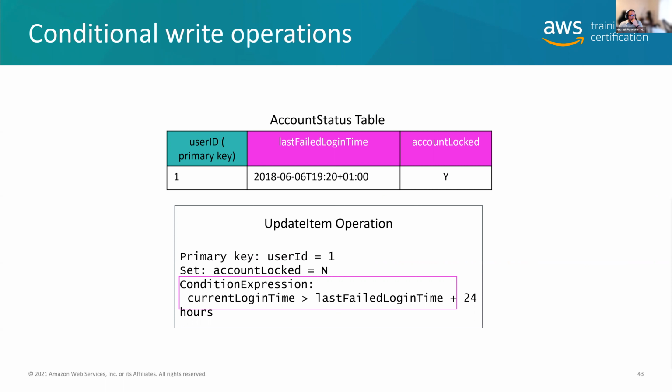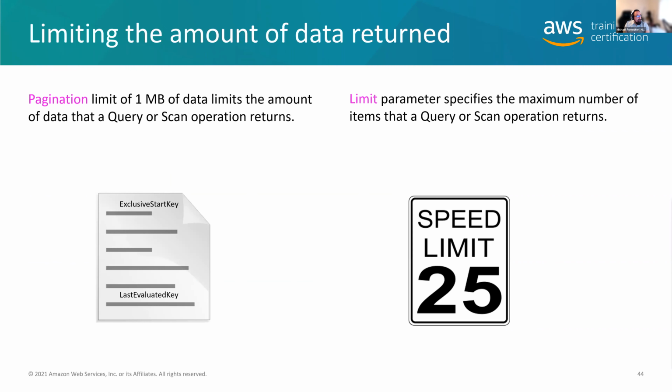Like here, for example, they're only going to set the account to locked equals no if the current login time is greater than the last login time plus 24 hours. So a condition parameter is a condition that has to be satisfied before a write operation is performed. This applies to puts in DynamoDB and deletes in DynamoDB. So you can specify conditions for that.